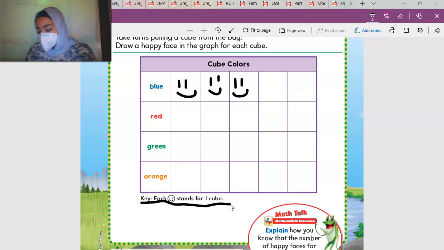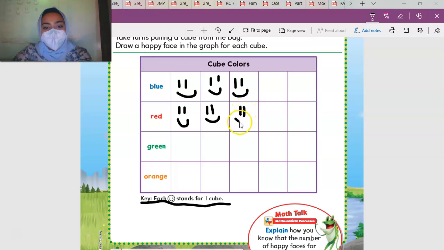All right, so let's look at the red. If I count my red, I have 1, 2, 3. I also have 3 red cubes. So how many smiley faces will I draw for the red one? 3. 1, 2, 3. How about green? 3, 4, 5.